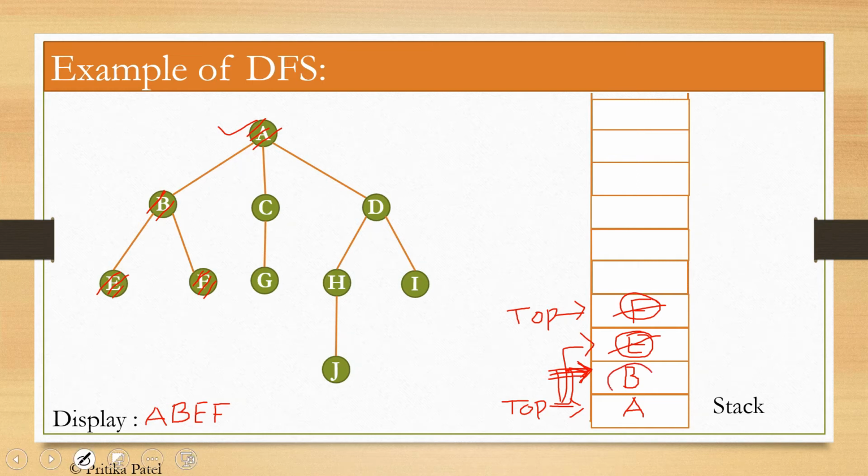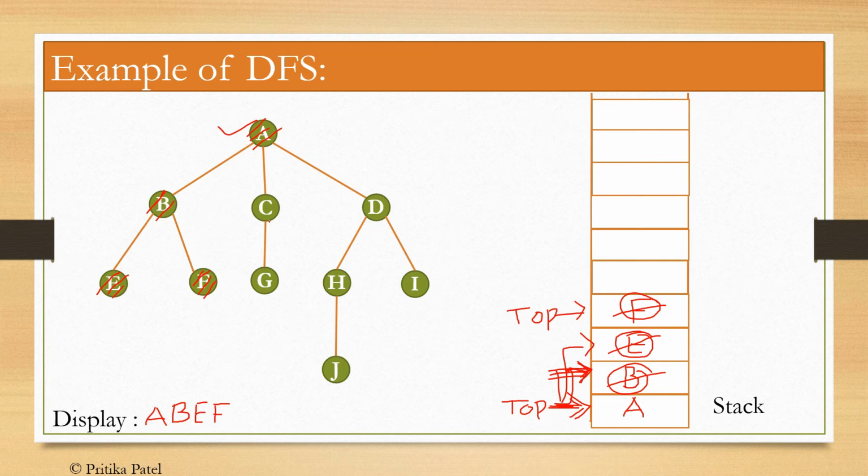So from here B is popped from the stack. Now A will become the top of the stack. Now check whether the top of the stack, that is A, has any adjacent unvisited vertex. Yes, there are C and D, which are adjacent unvisited vertices.